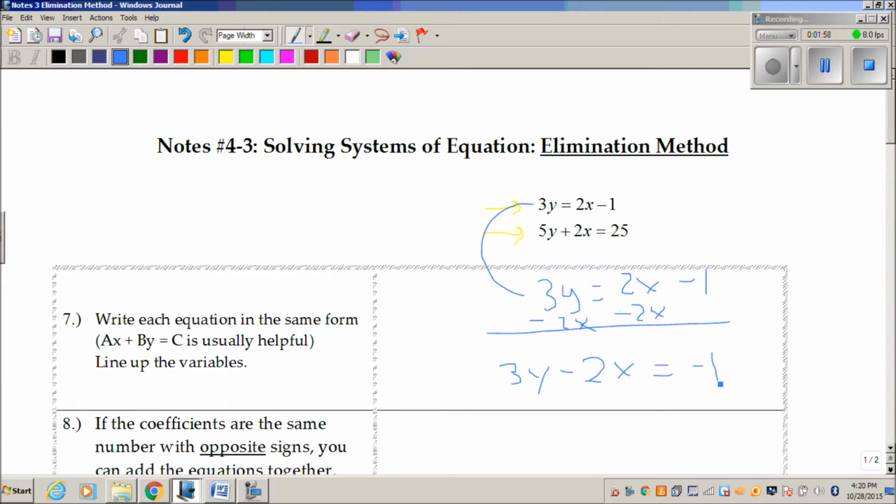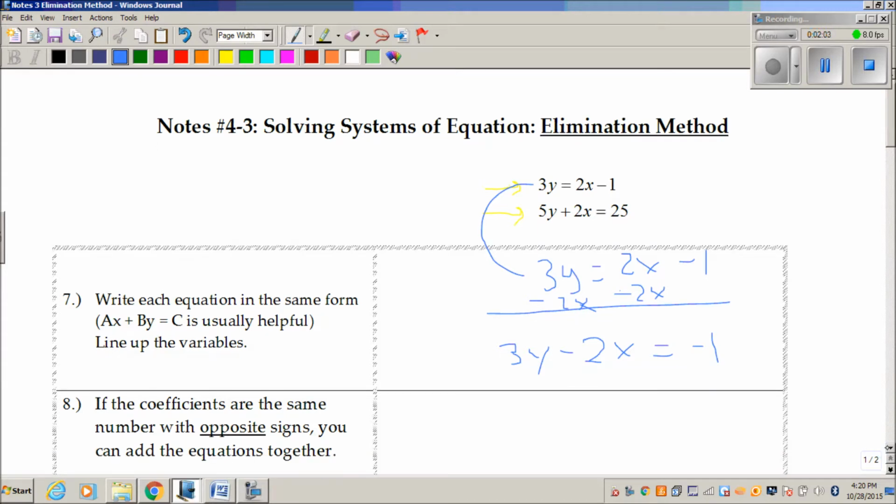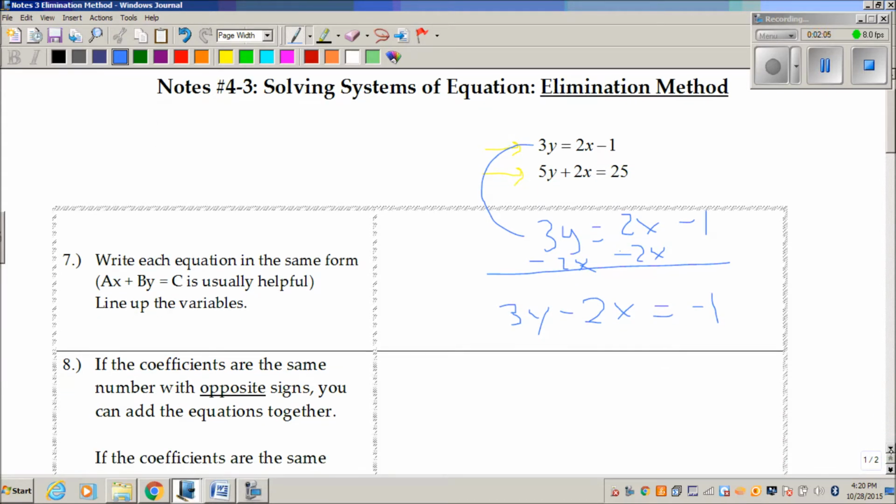So all I did was rearrange my terms. Now I'm going to line up my other equation right below it so I can compare them. My other equation says 5y plus 2x equals 25.